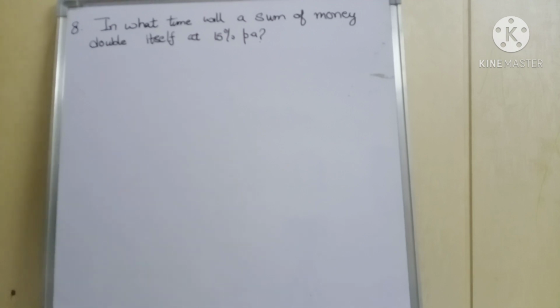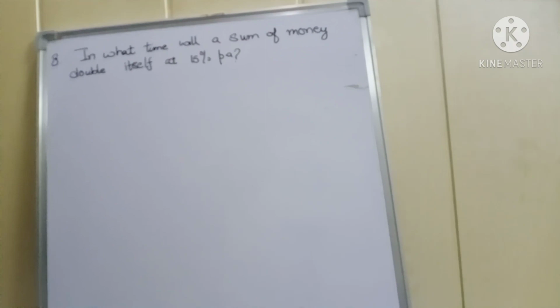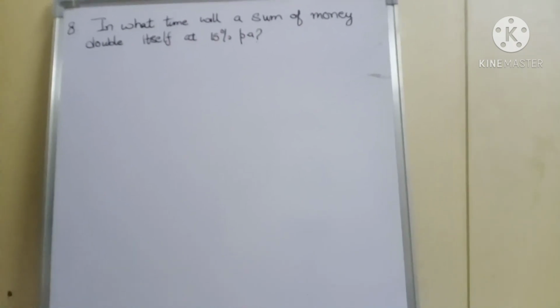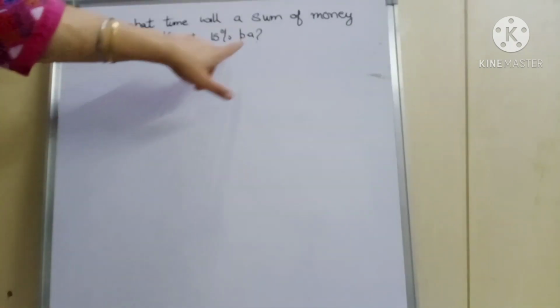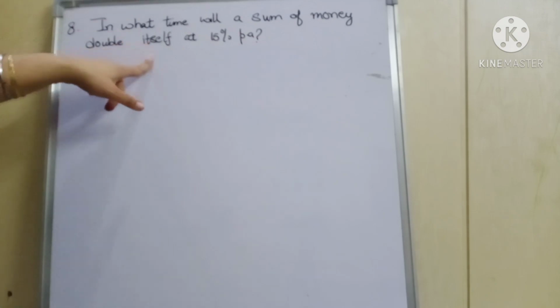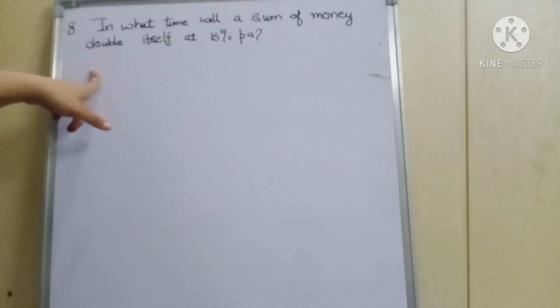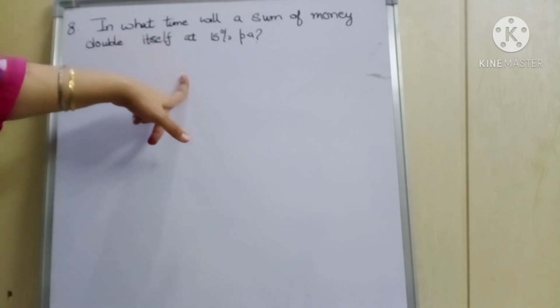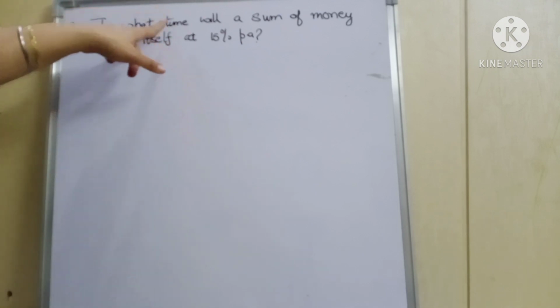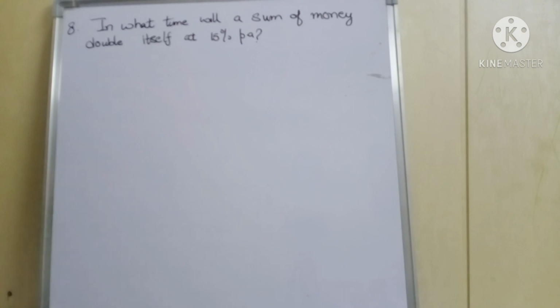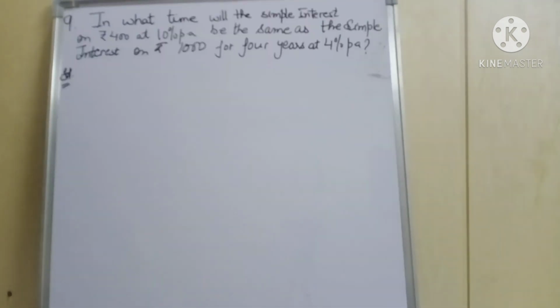In this sum, you have to find the time period. Rate of interest is given to you. Sum of money doubles itself. In the same way, you let the principal P amount to 2P and calculate the simple interest from that. And after that, you can easily calculate the time period. Try this sum yourself.